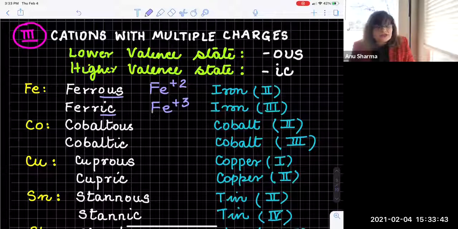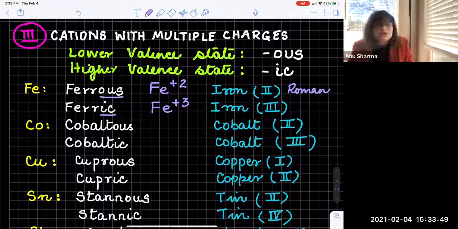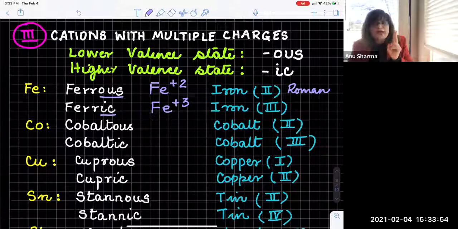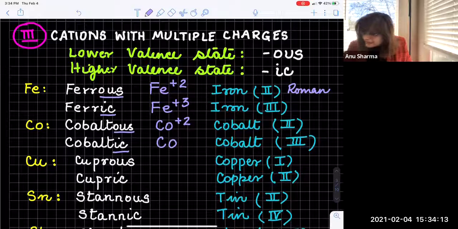So Fe +2 in Roman numerals. This is how we write them, Roman numeral 2 and then Roman numeral 3. That's Fe +2 and Fe +3. This is also called ferrous and ferric. Cobaltous is the lower oxidation state, which is +2. So this is cobalt +2. And cobaltic, the higher oxidation state, is +3.